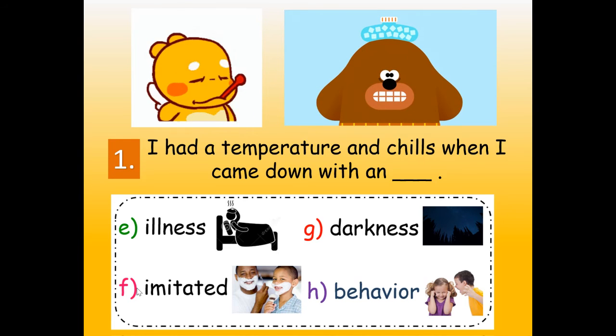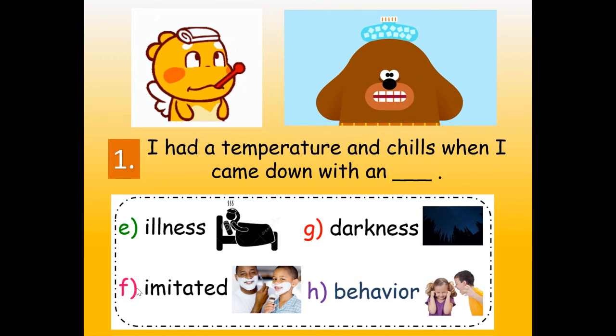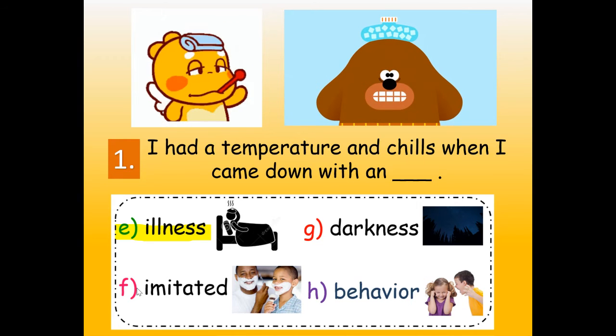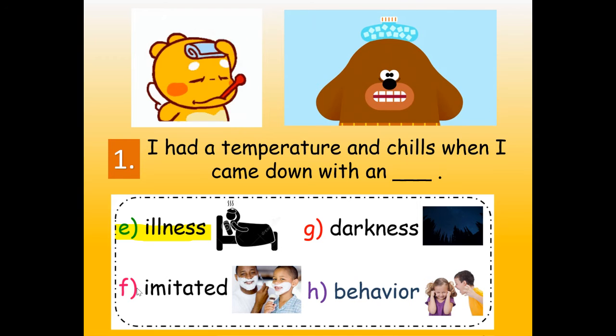So what makes sense given our context clues, where the word is in the sentence, and the picture? Illness. So make sure you write illness for number 1, I-L-L-N-E-S-S, illness. I had a temperature and chills when I came down with an illness.